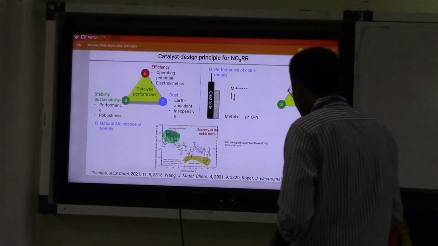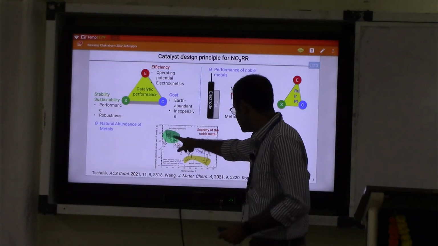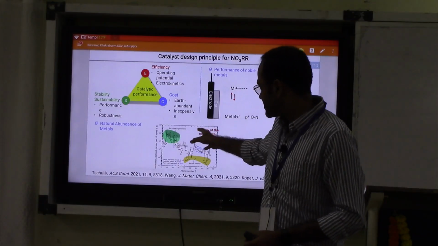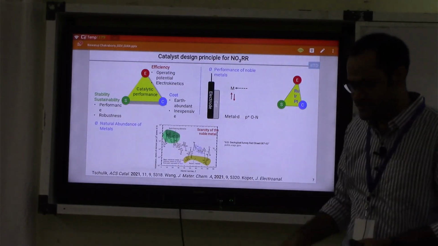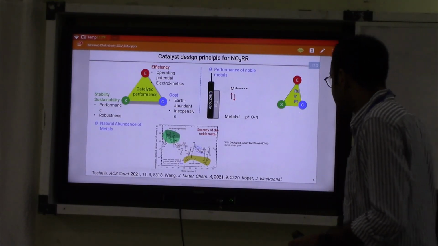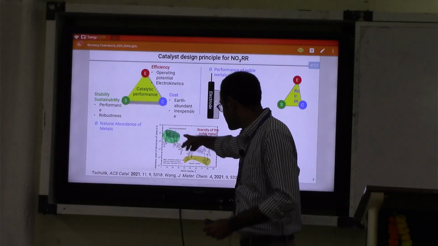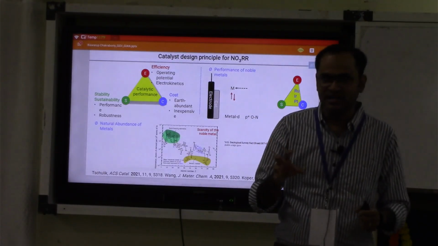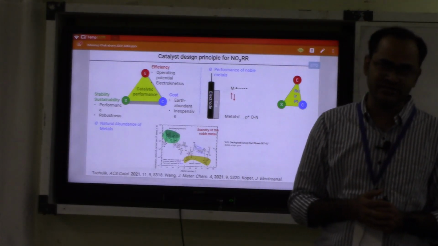Now in this particular chart or plot, I have just shown you this to correlate the triangle with the natural abundance of the elements. There are certain regions. This green region represents the elements that are highly abundant in the earth's crust.